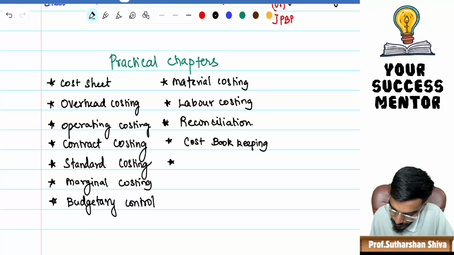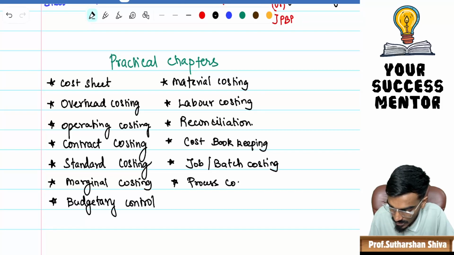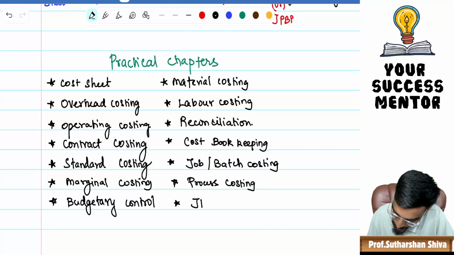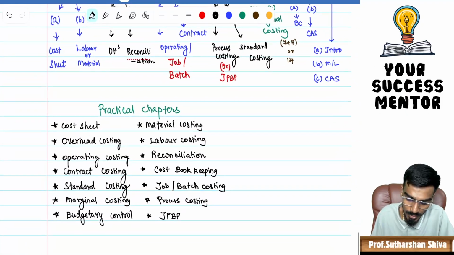Then we will have job and batch costing. Then you will be having a concept of process costing. Then you will be having JP, joint product, by product. These are the practical chapters which we are going to focus.